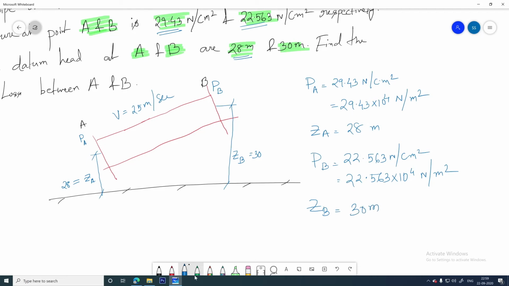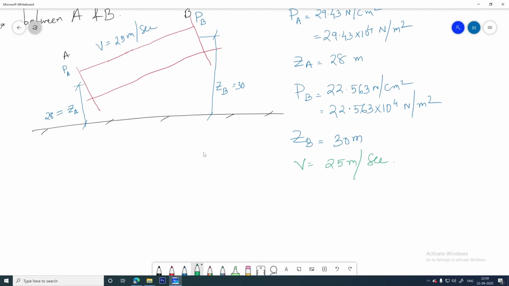And one more important thing is given, that is the velocity, that is 25 meter per second. Now, as this is a pipe, the cross sectional area of this particular pipe should be uniform, right?